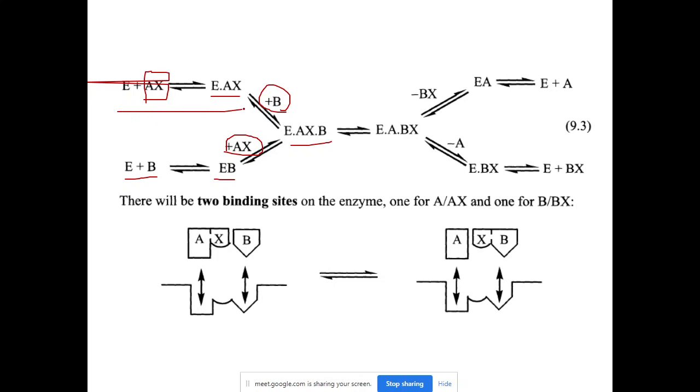Either it can go through this way or it can go through this way. But in both instances, the final product of the first part is the ternary complex formation. So you have the ternary complex being formed, EAXB. Why ternary? Three components are involved: enzyme, substrate 1, that is AX, and substrate B.